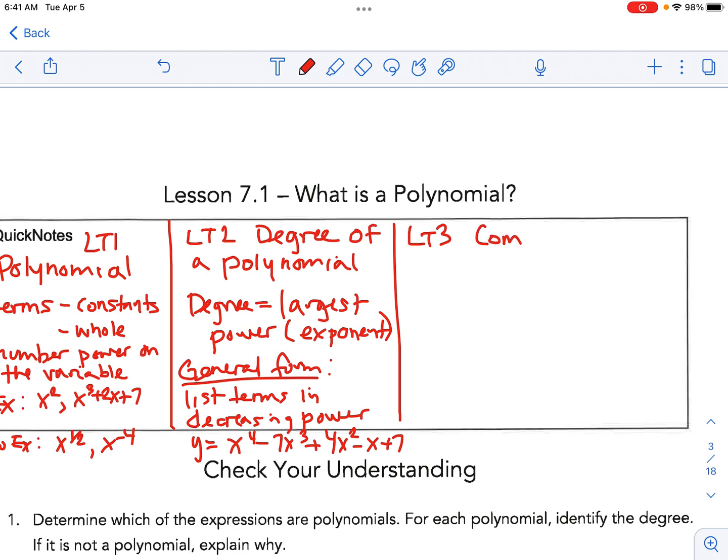And then the last learning target is the idea of common differences. We're always searching for that common difference. And when we're finding the differences, we find the differences of the outputs.